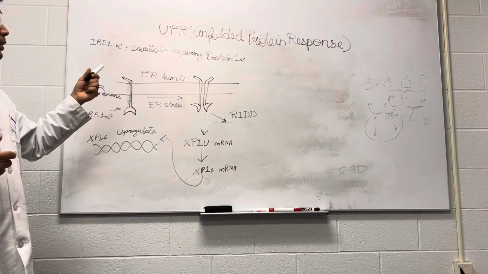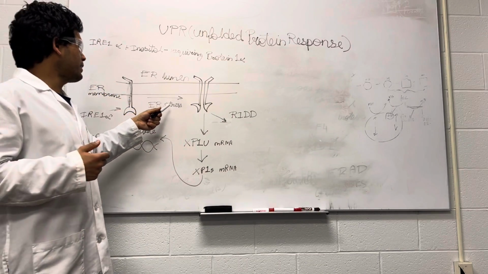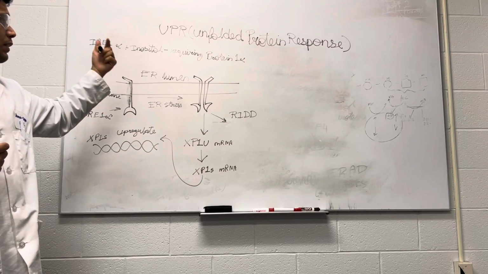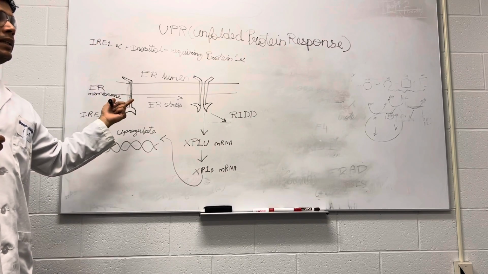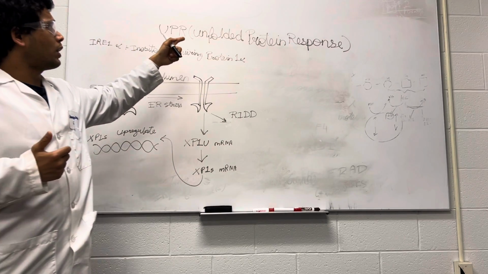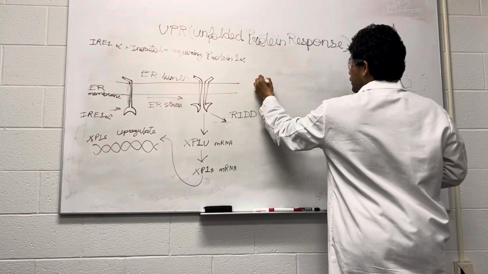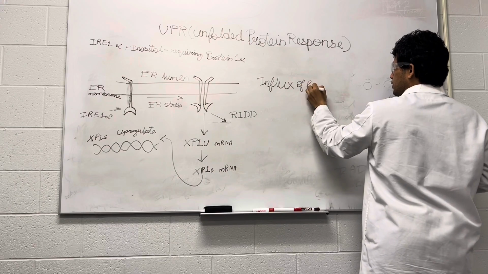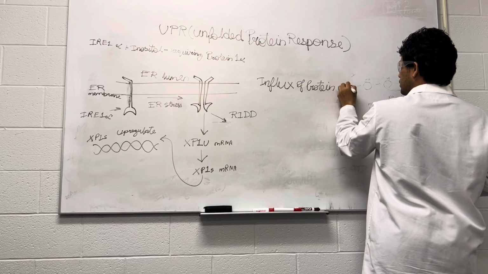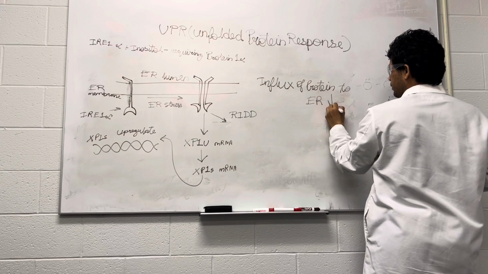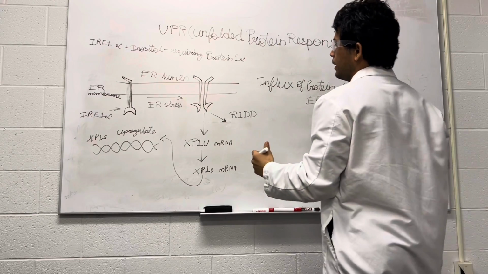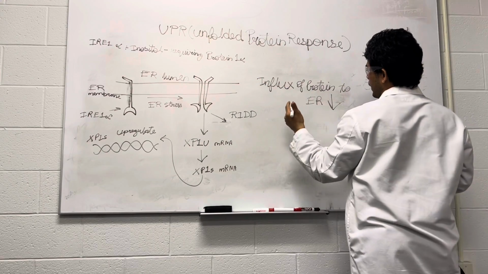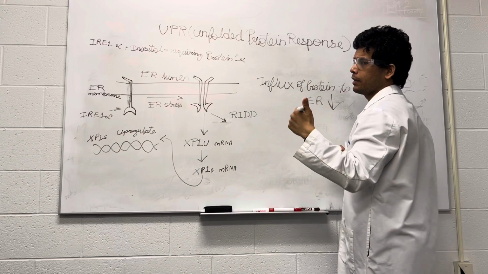So in order to reduce the stress, what the cell will do is, first, reduce the influx of proteins into the ER. Second, it will try to increase the amount of proteins that are responsible for protein folding, and we usually call them chaperones.